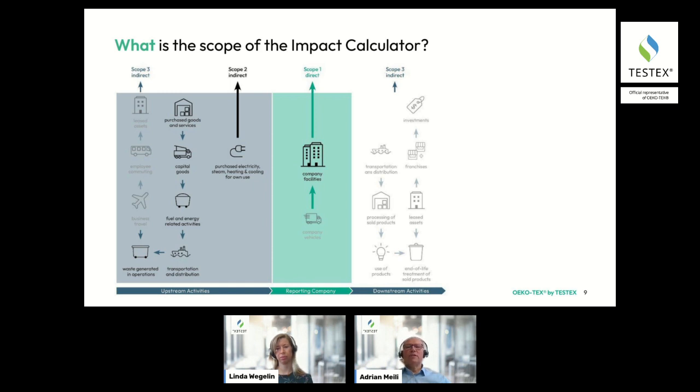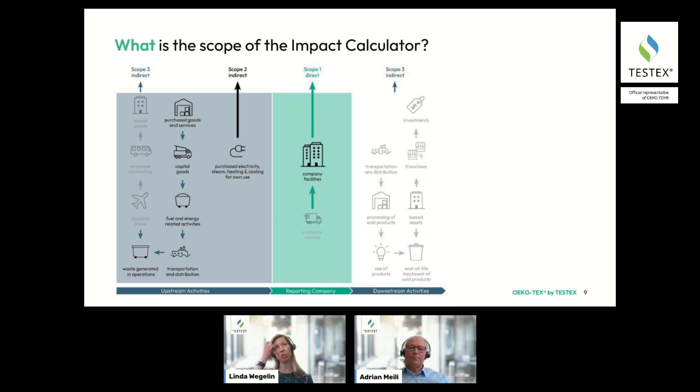This is included in our impact calculator, of course, but not what comes later on. In scope 3, it's also a question of where you start and where you end. For every company it's a bit different, so it's good that we focus there.